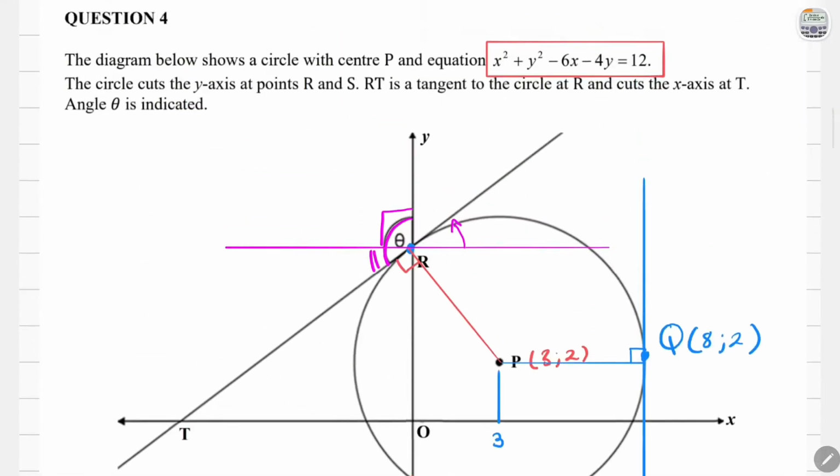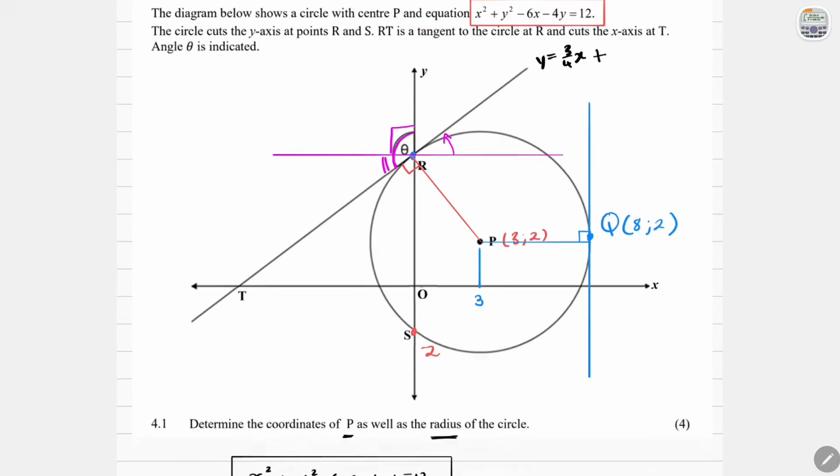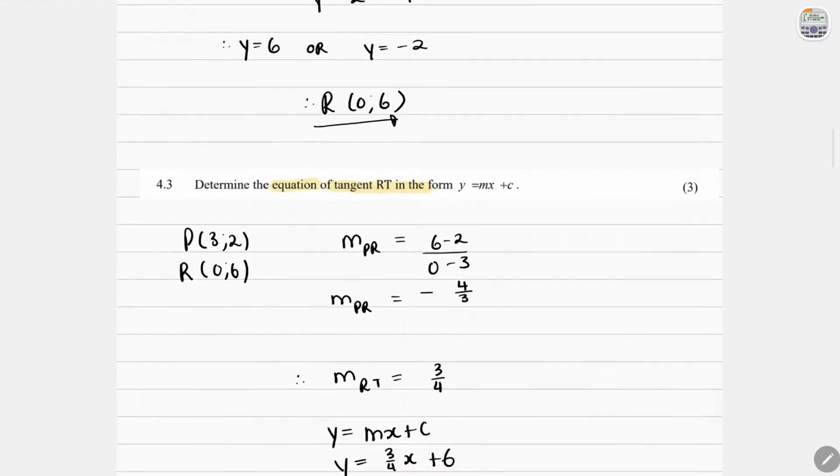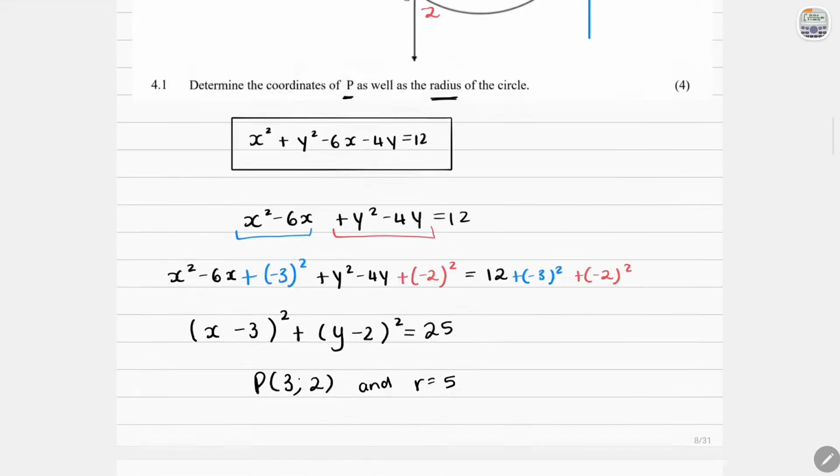Okay, so when that equation y equals 3 over 4 x is a tangent, that's where the K value is equal to 6.